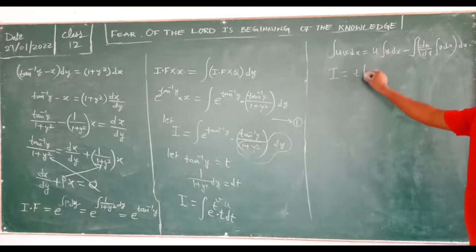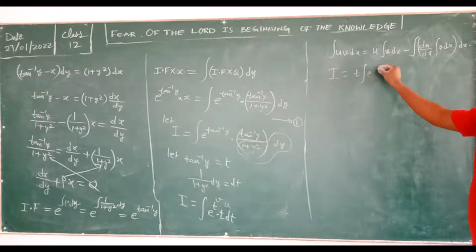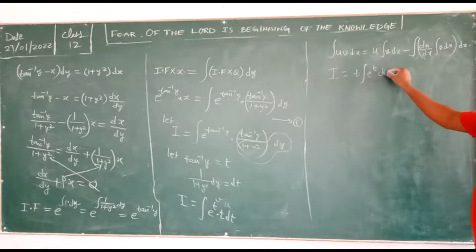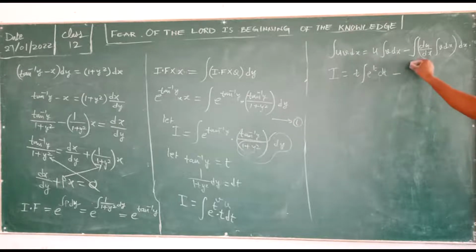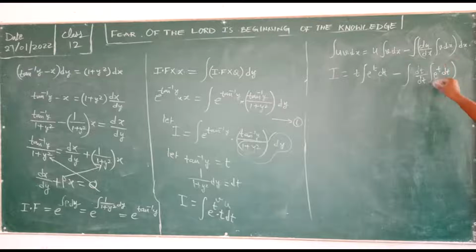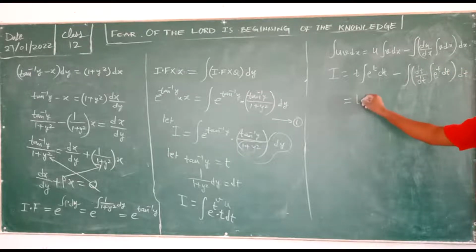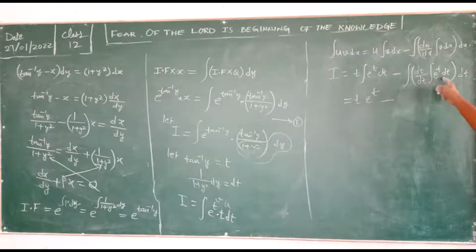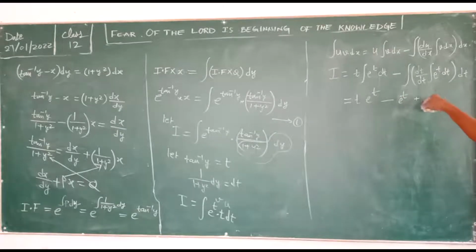So t integral e to the power t dt minus integral dt upon dt, integral e to the power of t dt, into dt. So t e to the power of t is nothing but e power t minus, this one cancels, then integral e power t is nothing but e power t. Again integral e power t means e power t only. At last plus c will come.